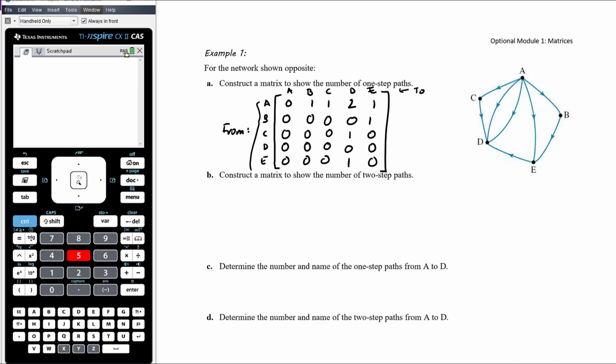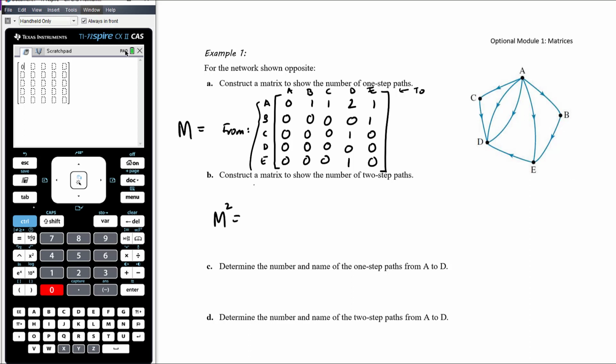Constructor matrix, I'm going to call it M again like we did previously. I won't call it A because we've got a town A. M is not the conventional letter, I'm just using M for matrix. Constructor matrix to show the number of two-step paths. So the number of two-step paths is M squared. So we'll get our CAS to work out what M squared is. So we need, this time, a 5 by 5 matrix.